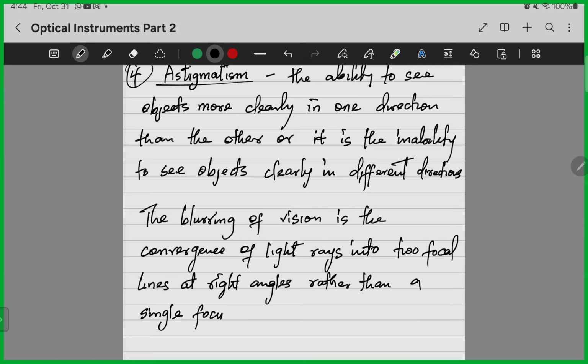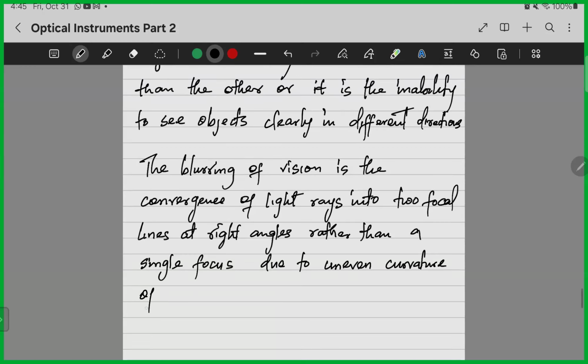So it's split into two focal lines instead of one single focus. And it is due to uneven curvature of the eye lens or the cornea, or both of them.